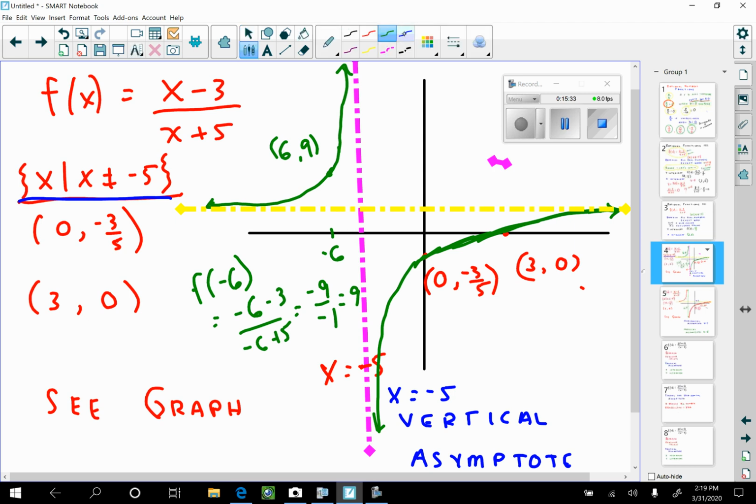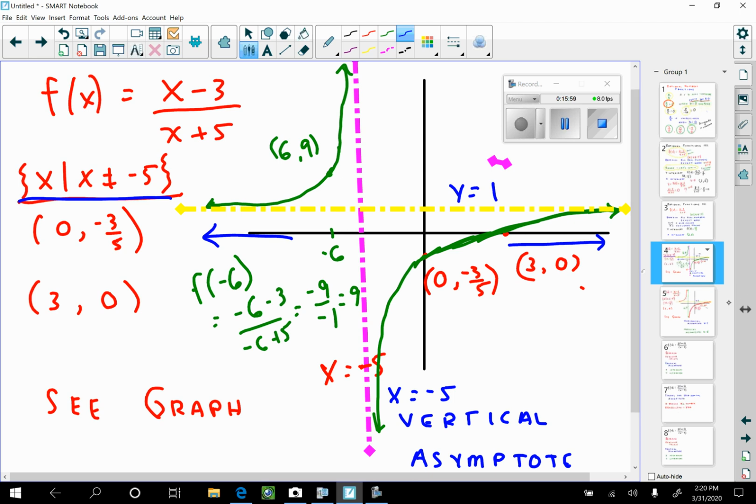Well, we know it's y equals 1 because as x gets big, the y values approach 1. They don't go over 1. As x gets big this way, what's happening to the y values? They approach 1. Y equals 1 is called a horizontal asymptote.